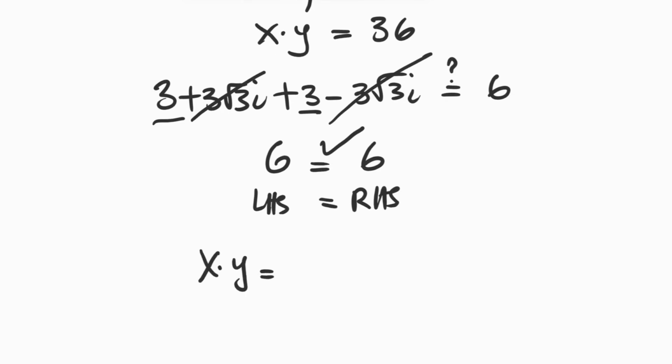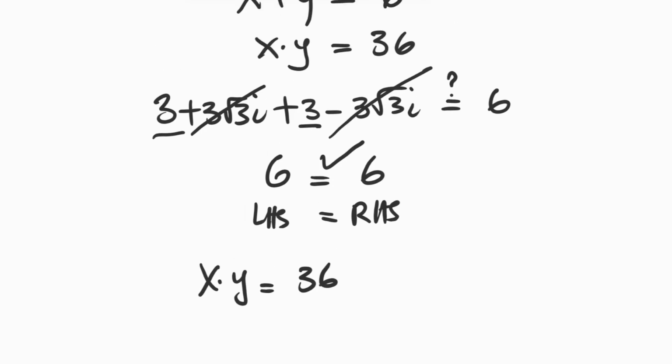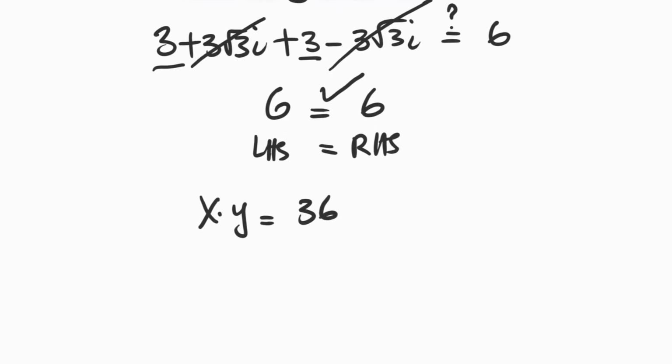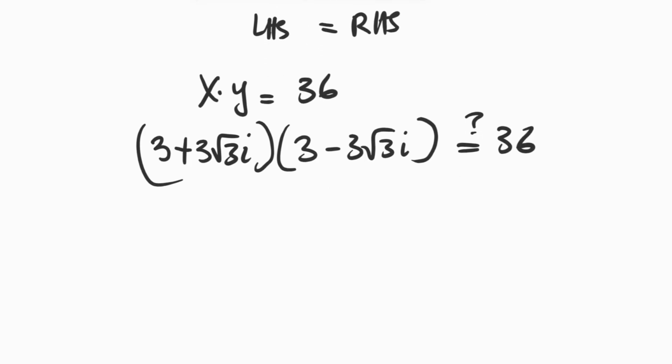Now for equation 2, let us see if we multiply x and y values, we're going to get 36. So x2 is 3 plus 3 root 3i multiplied by 3 minus 3 root 3i. Is that going to be equal to 36? So let us multiply. Open up the parentheses. 3 times 3 will give us 9. Minus 3 times 3 root 3i will give us 9 root 3i.